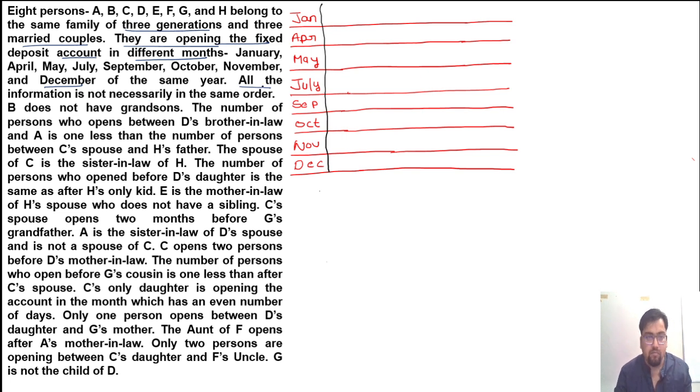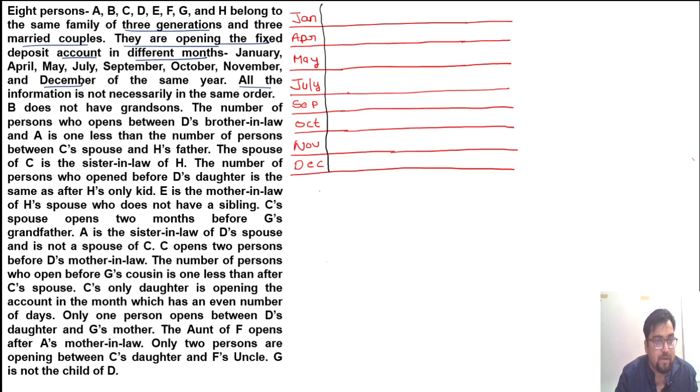Fine. See, what you need to do is first of all draw the family tree. Then after drawing the family tree, within 2 minutes you can solve the arrangement. Within 2 minutes, seriously. So B does not have a grandson. I admit that B will not have a grandson.